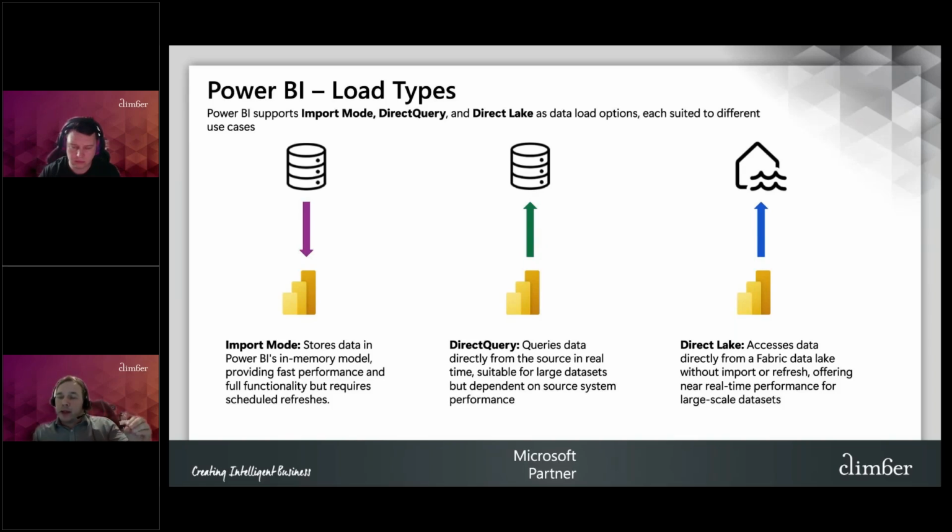When users are interacting with the Power BI application, it will actually be going back to the data warehouse to get answers. From the testing that we've done, it's comparable to import mode. It really is that quick at getting live answers.